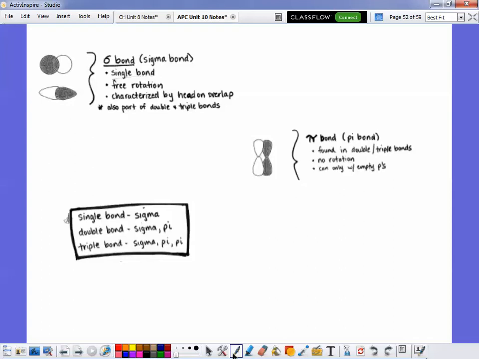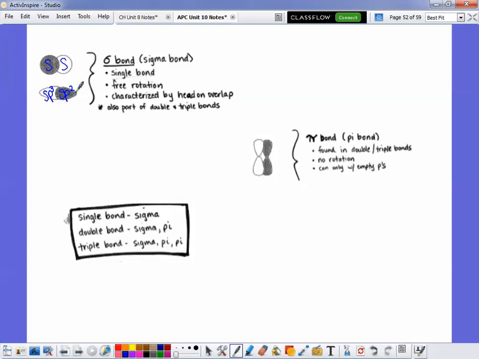So all bonding has head-to-head or head-on overlap. Imagine you have 2 s orbitals overlapping, or an sp3 hybridized orbital overlapping with an sp2 hybridized orbital. Whatever. You have some sort of overlap.